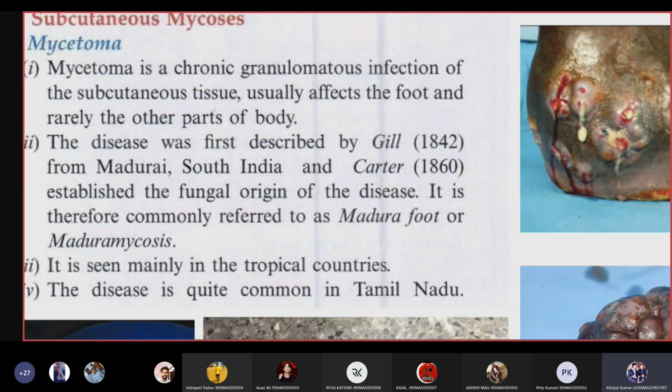Nowadays, the World Health Organization and the IUPAC nomenclature committee have strictly given new guidelines to never name diseases depending upon region or cultural things. That is a different story. So this is the brief introduction to mycetoma.